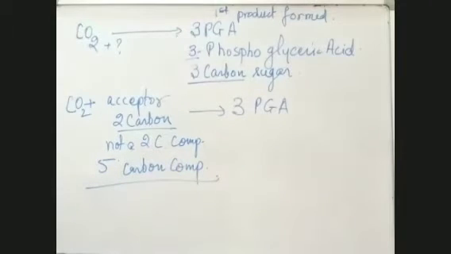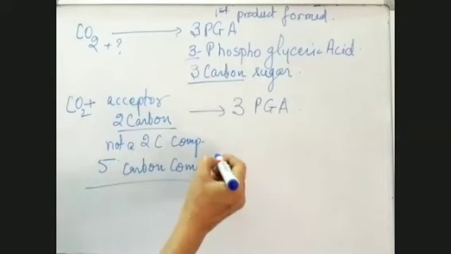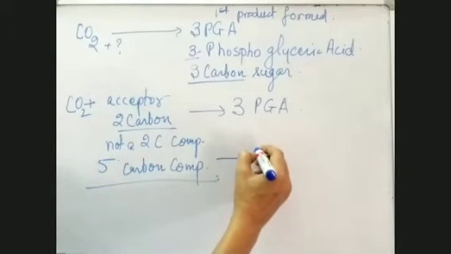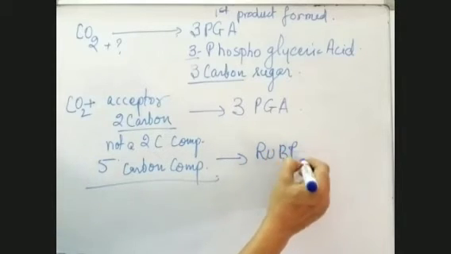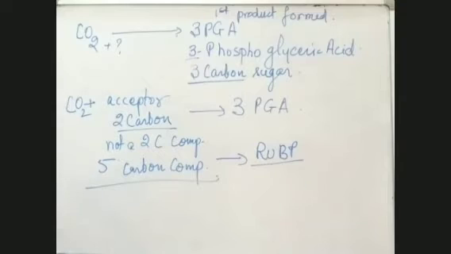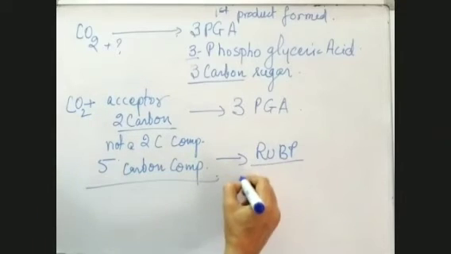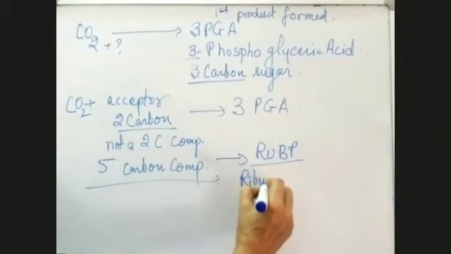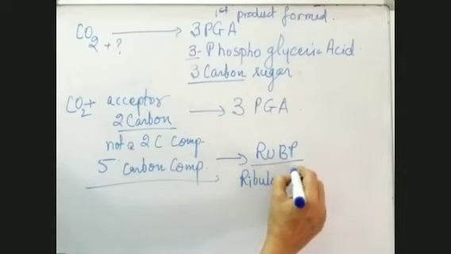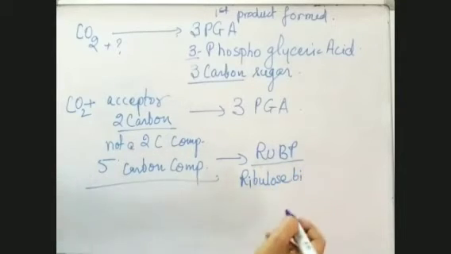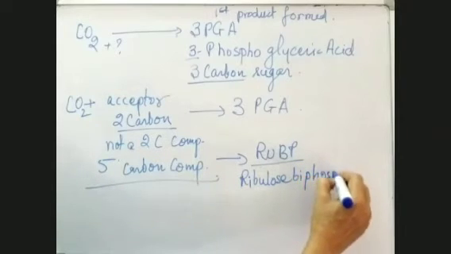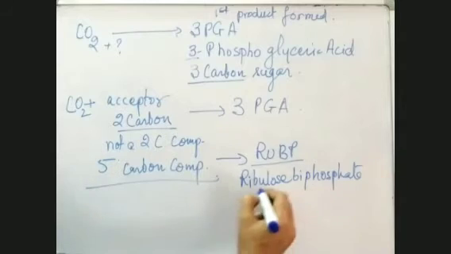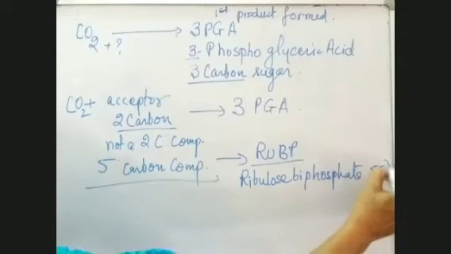A compound in which 5 carbons were there. The name of this was RuBP, ribulose bisphosphate. In some books it is written biphosphate.